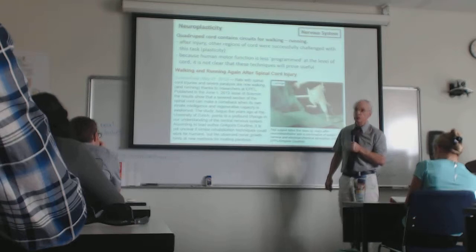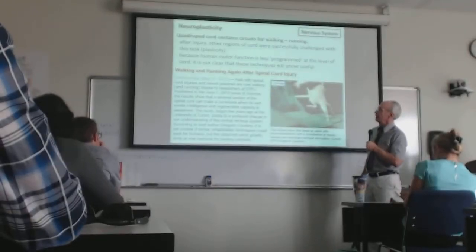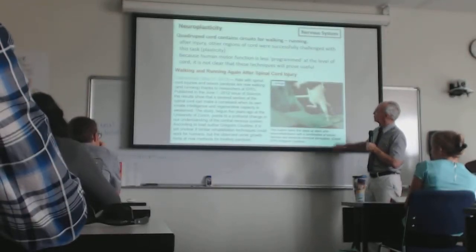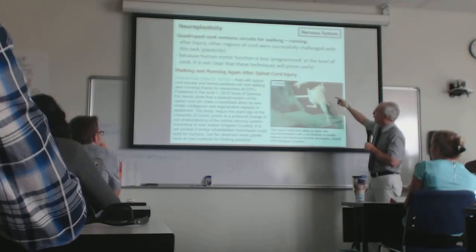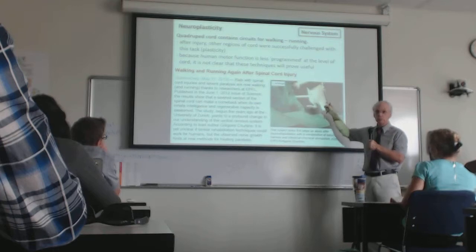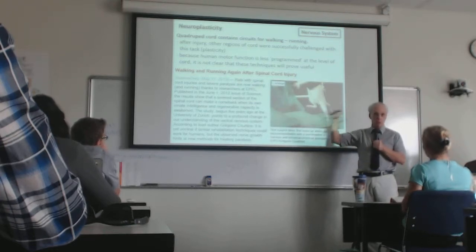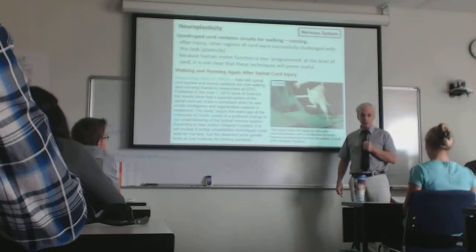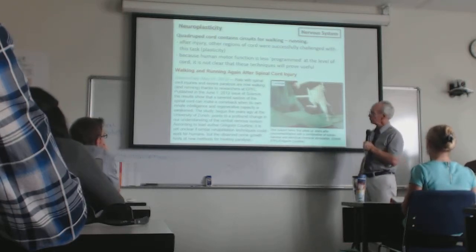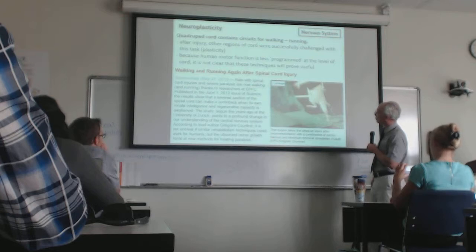Now, humans are a little bit different. We seem to have less of that. But to make sure you understand what we're saying here, this was a spinal rodent. By that I mean the spinal cord was severed. They didn't reattach the proximal and the distal halves after severing.